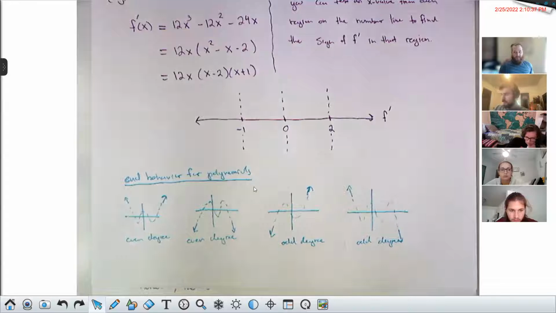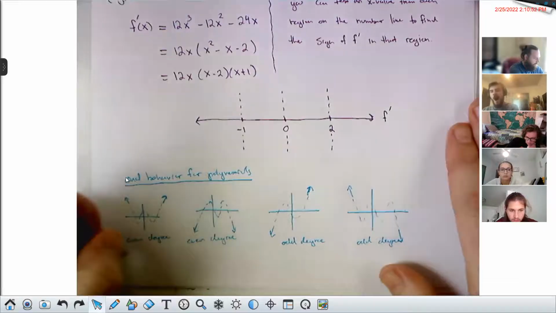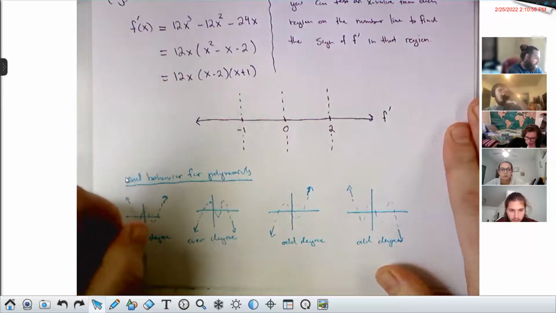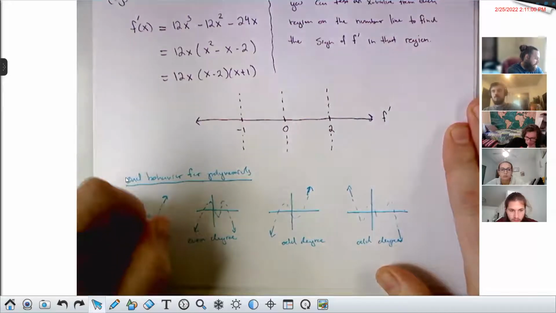The other thing you need is the sign of the lead coefficient. So the lead coefficient is the number attached to the largest power of x, like in this expression for f prime here, the lead coefficient is the number 12. This first picture is associated with an even degree and a positive lead coefficient.